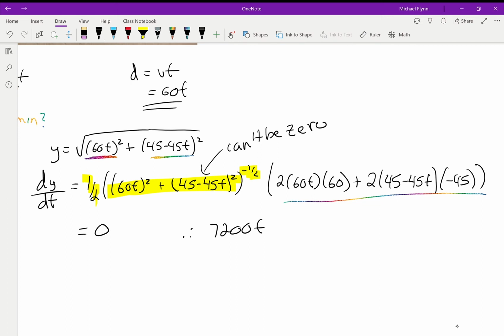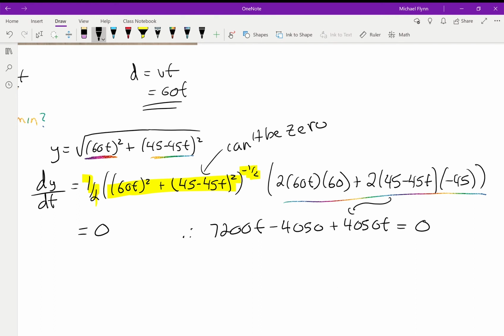Oh, I guess I'm going to get a minus. So 2 times 45 is 90 times negative 45 is what? 4050. Okay, so that's minus 4050. And then we have 45 times 45 times 2 again, but it's going to be plus this time 4050t equals 0. So that's just this expression, okay? Just simplified a little bit.